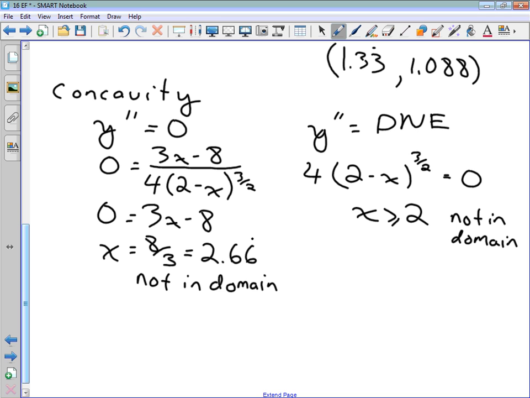Is this a problem? You're thinking, I don't know. Why don't you tell us, sir? You're teaching the lesson. Do you guys think it's a problem? Possibly. You're dying to know the answer, I know. Potentially this would be a problem, but I don't think it will be because we already know that x equals 2 is a special point.